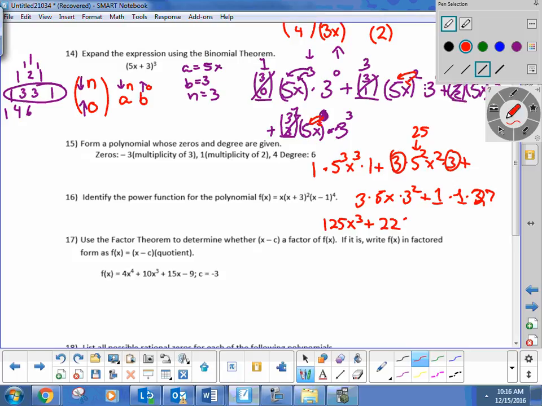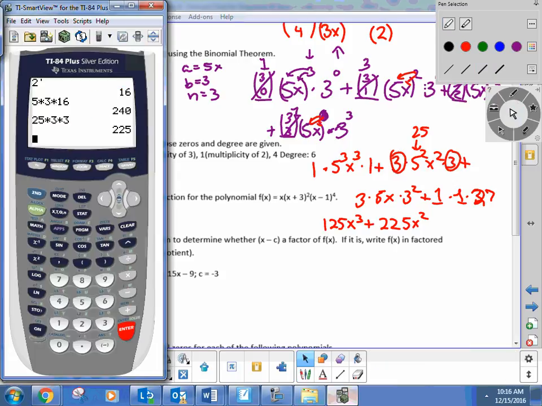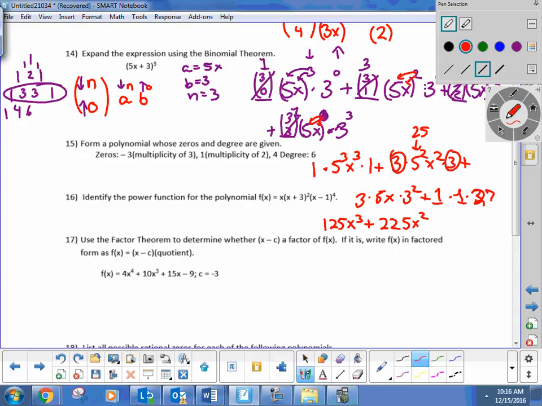So 225 x squared. And then this becomes 3 times 5 times 3 squared. So which comes out being 135 x. And then lastly, this thing's 1 times 1 times 27. So the solution comes out being 27. So here's your solution for that one.